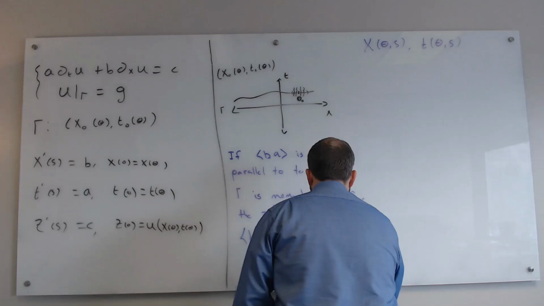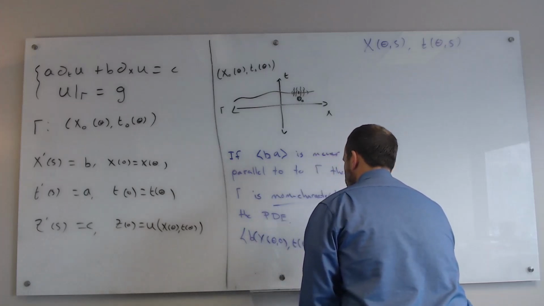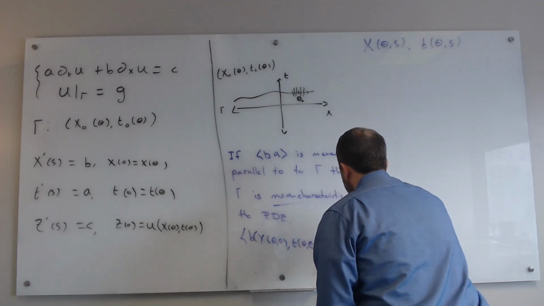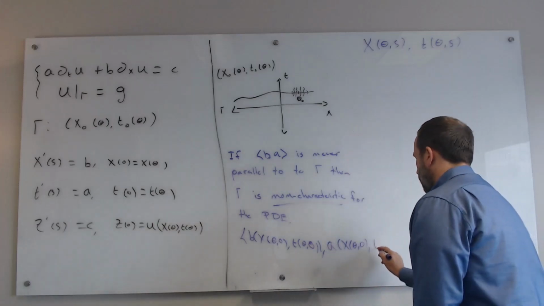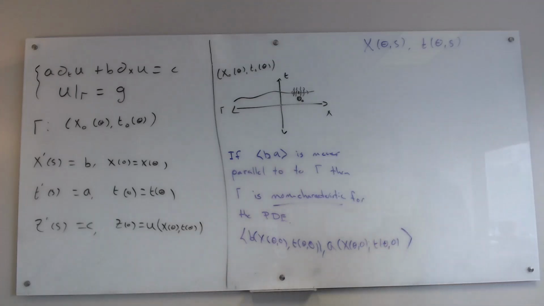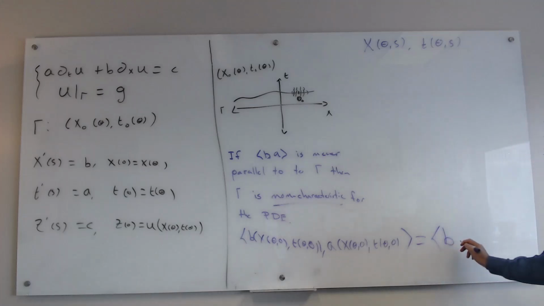It's going to be a of x of theta 0, t of theta 0. What I'm writing here is the vector (b, a) evaluated at the point for some particular value of theta where s is equal to 0.